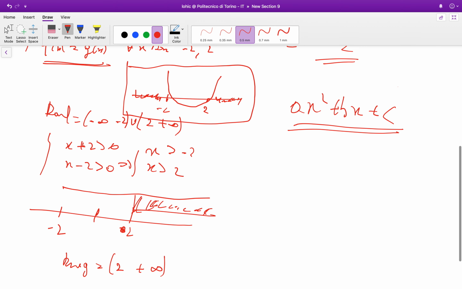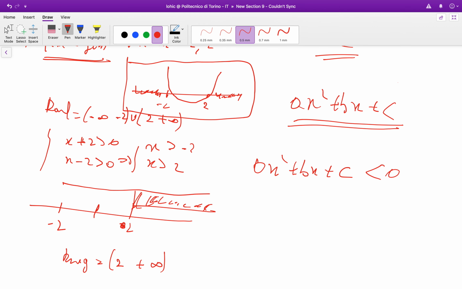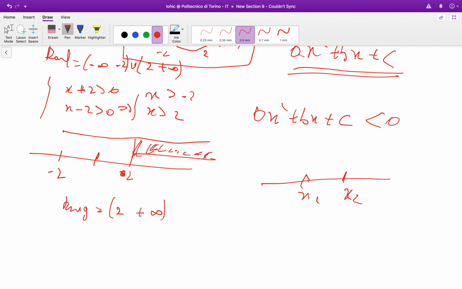Then, if you have ax squared plus bx plus c greater than or smaller than 0, what will happen? If you want to solve it, you will find the two solutions, so x1 and x2, the two roots, if there are any.